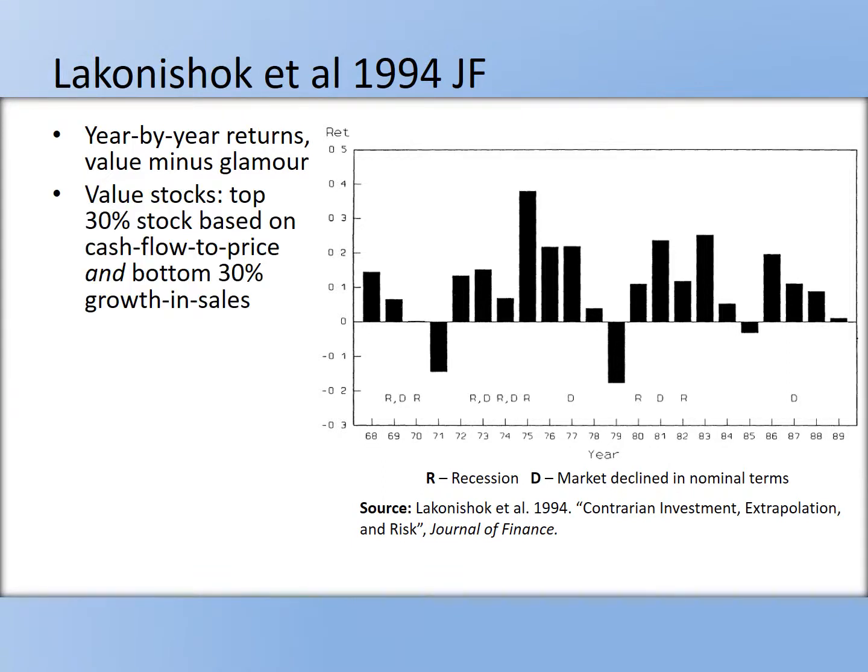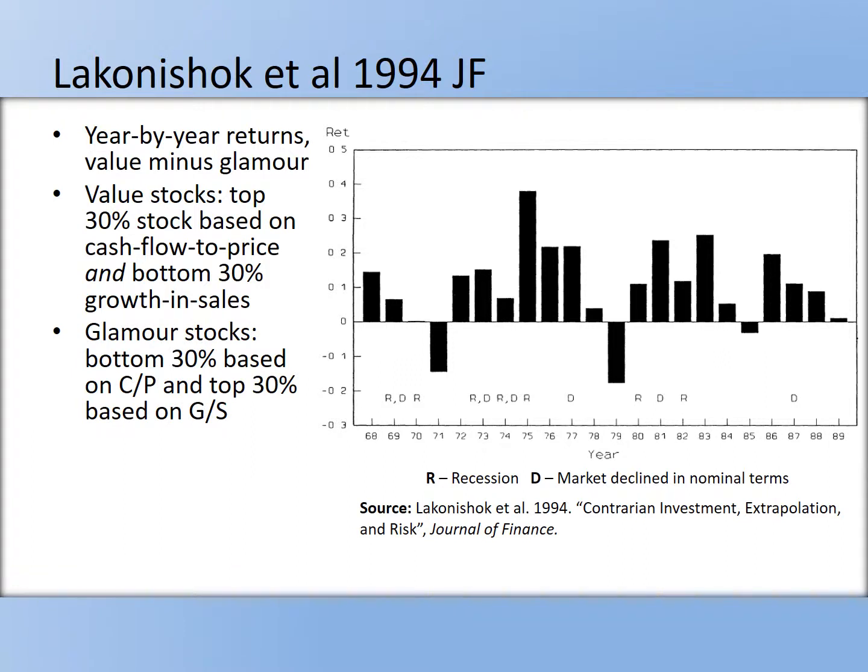The value stocks portfolio is the top 30% of stocks based on cash flow to price and bottom 30% based on growth in sales. So high cash flow and low growth in sales. Glamour stocks have low cash flow and high growth in sales.